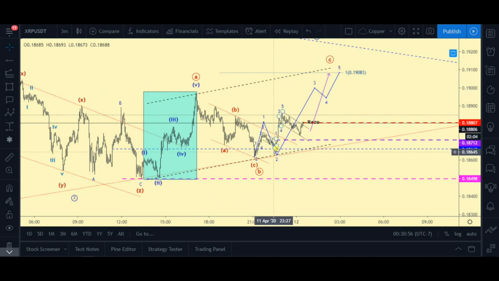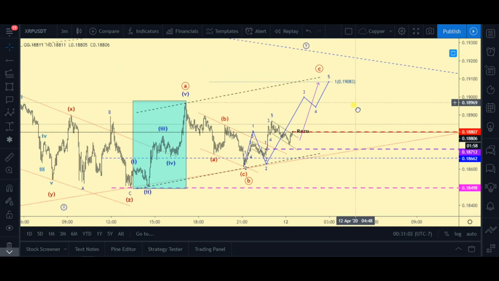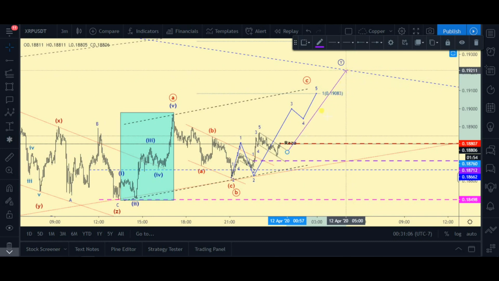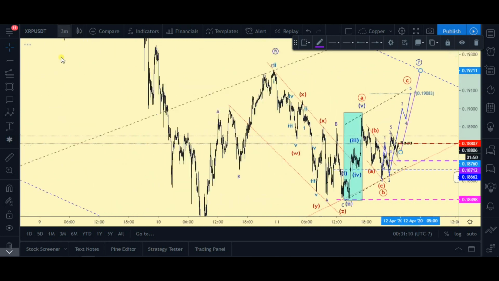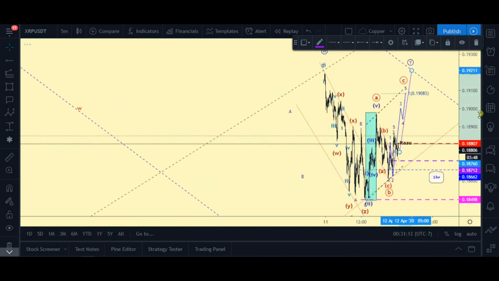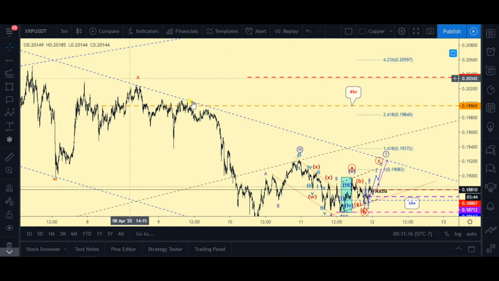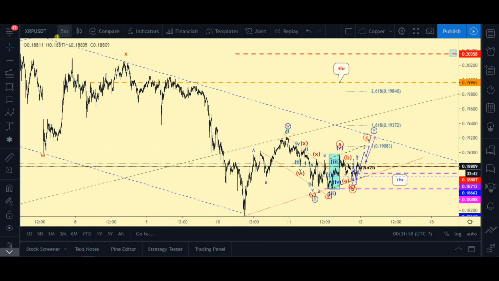So this could be the first wave, then second and third, fourth, fifth should end like this around here, expecting it to hit this channel line. As you can see, this channel line has been in the 5-minute chart. We can see this channel line from above here coming down.